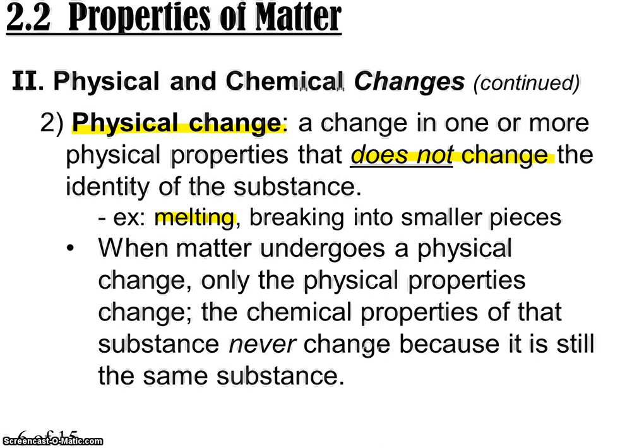The bonds between the hydrogen and oxygen didn't break. So when matter undergoes a physical change, only the physical properties are going to change. The chemical properties never change because it is still the same substance. So at the molecular level, the molecules that make up that substance have not changed into something different.